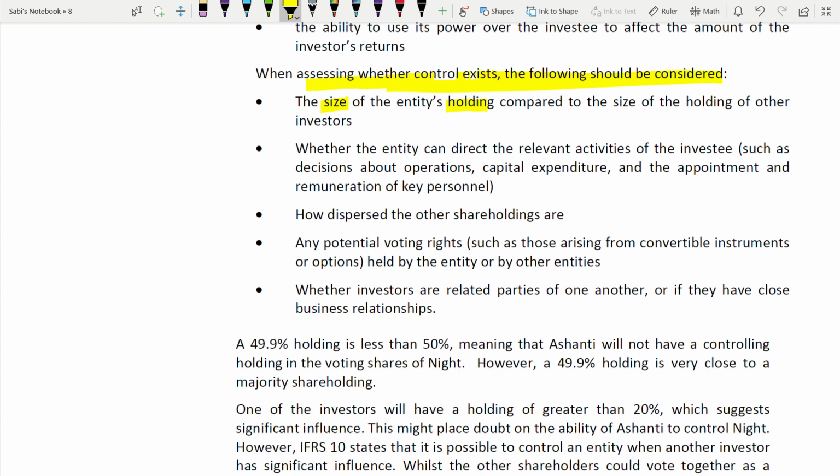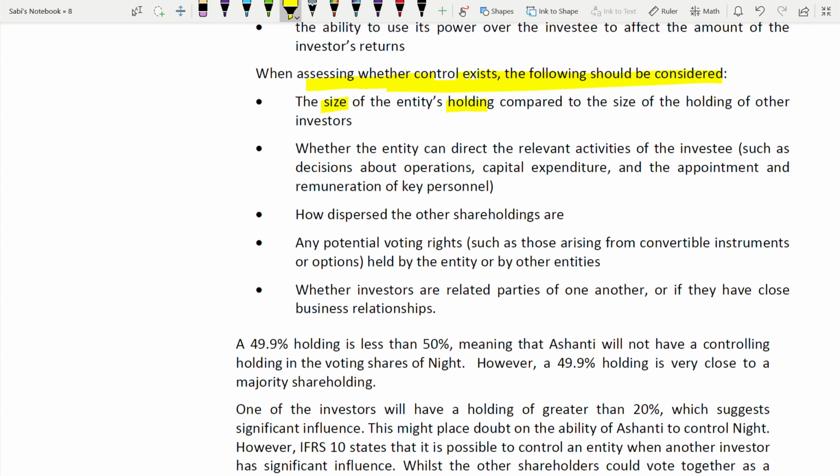For example, sometimes you might be given convertible instruments, such as debt that you have the option to convert into ordinary shares after 4 or 5 years. The reason is that when your debt is converted to shares, you get power over that company, because having ordinary shares means you will definitely have voting rights. So if something has been mentioned about this, include it, otherwise don't include.